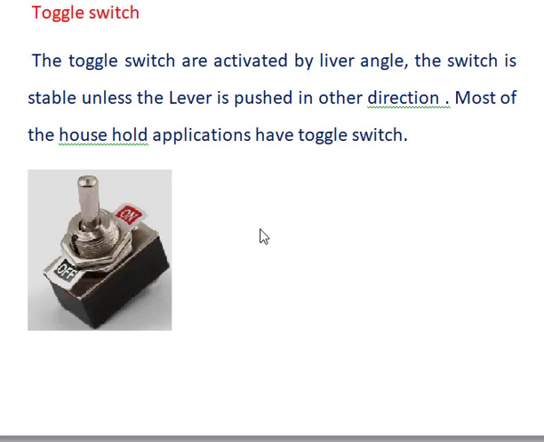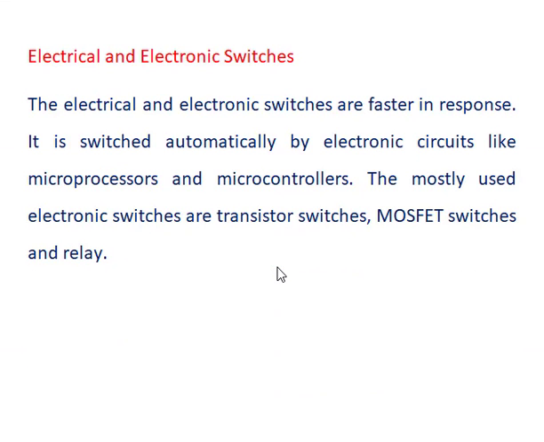Another type of switch is the electrical and electronic switches. These are much faster in response. They are switched automatically by electronic circuits like microprocessors and microcontrollers.